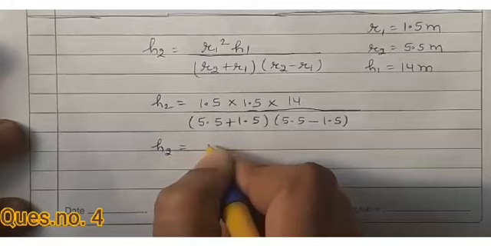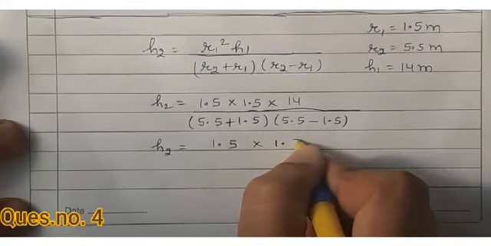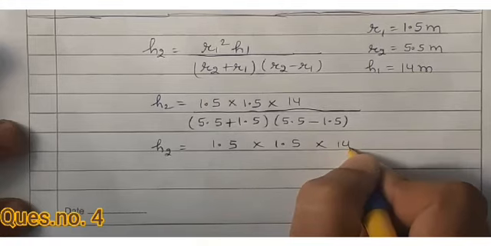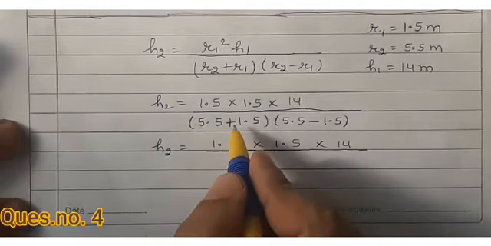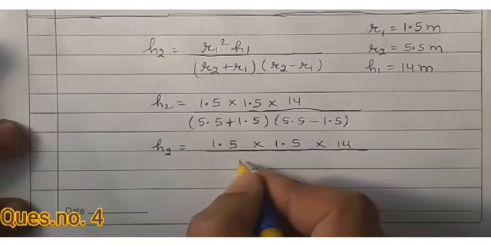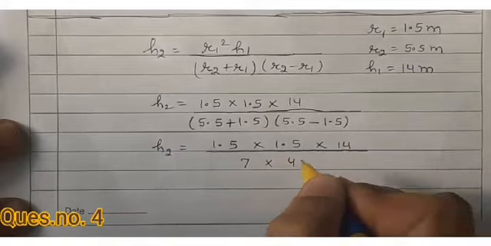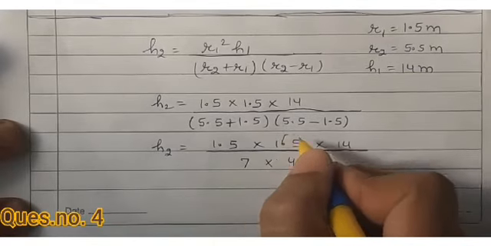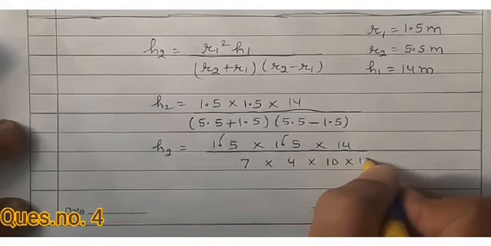So what will be H2? 1.5 into 1.5 into 14 upon, if we add 5 plus 1 is 6, 6 and 1 is 7, and 5 minus 1 is 4. Okay, then you remove this. This is 10 and this is 10 here.